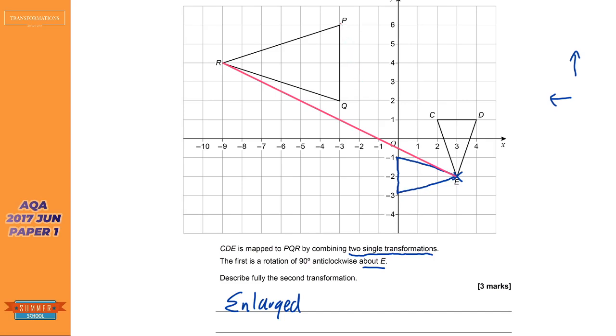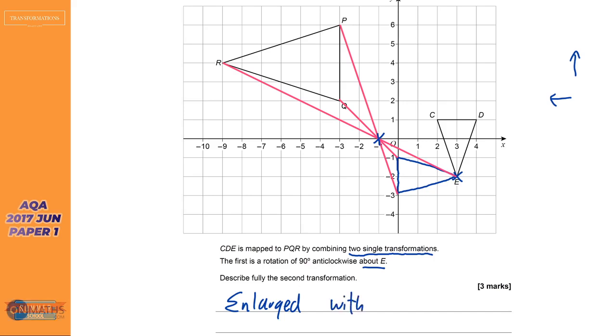Let's try and get that a bit better. There we are. So P is actually there because it's been flipped around, right? And Q is actually that one there. Okay. So the center of enlargement is here. It's that position there.